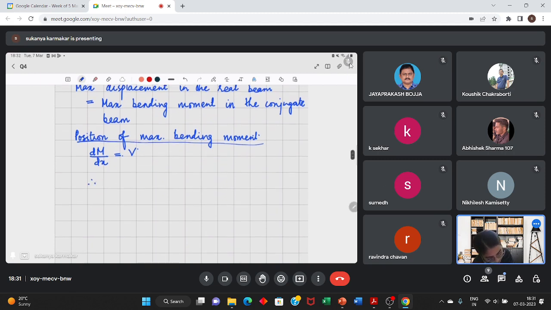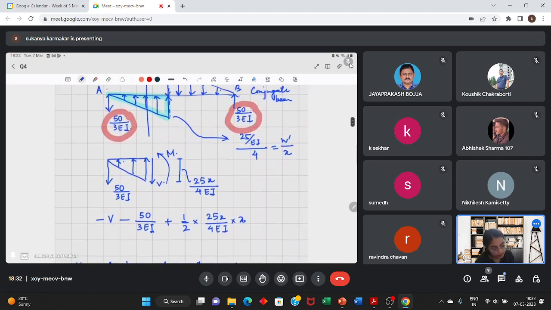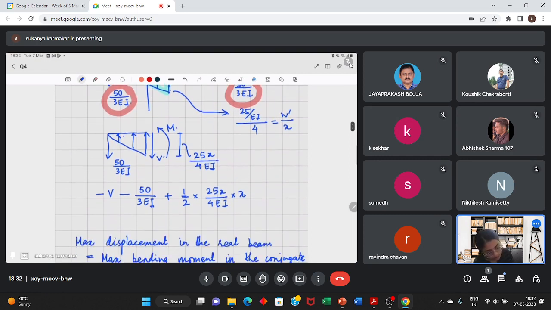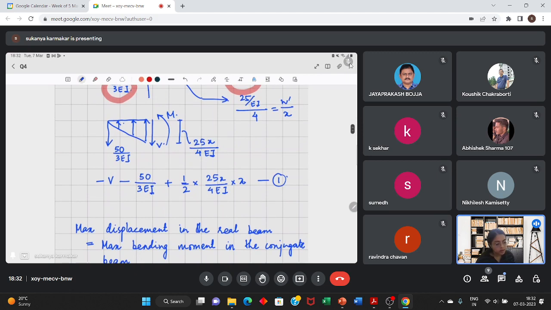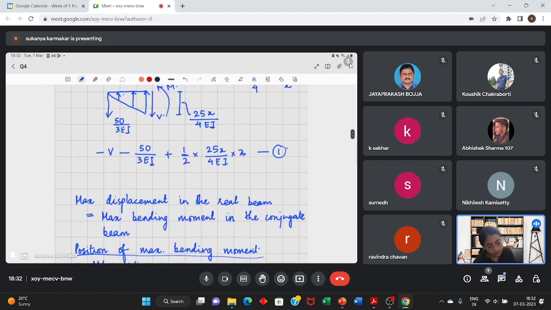Therefore, M is maximum where V is equal to 0. So in this equation, let me call this equation number 1, here you put V is equal to 0. Let's rewrite this equation.